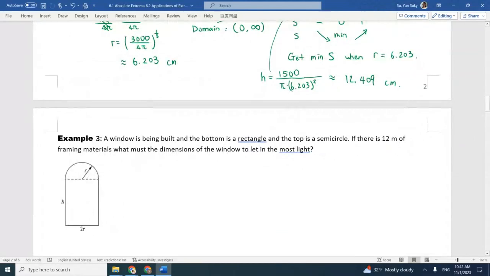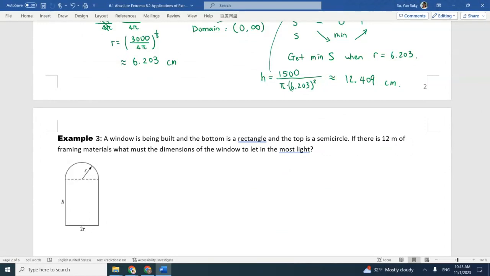All right, example 3. Sometimes make sure you plug in the parentheses. If you don't put the parentheses, then you have to say divide by pi and then divide by the square. Okay, example 3.